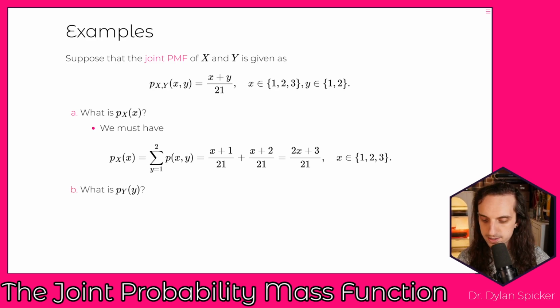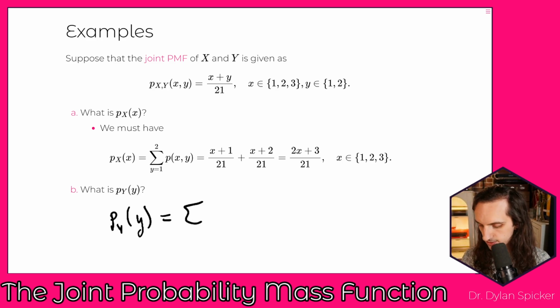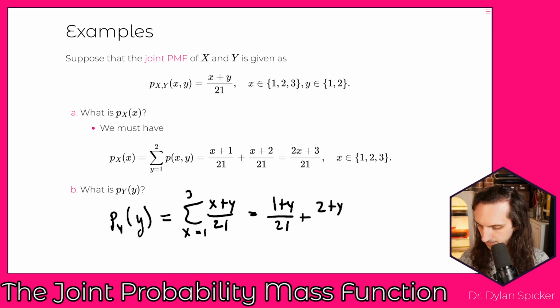What about for y? What is the marginal PMF for y? The marginal PMF for y is defined to be the sum over all of our possible values for x, so x going from 1 up to 3, of (x plus y) over 21. Then you have (1 plus y) over 21, plus (2 plus y) over 21, plus (3 plus y) over 21.